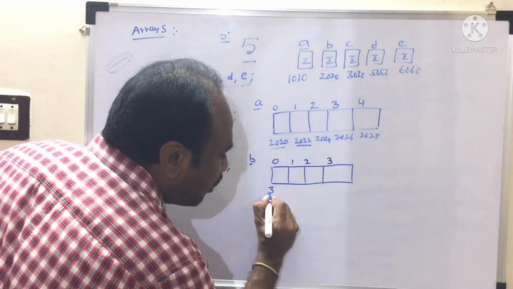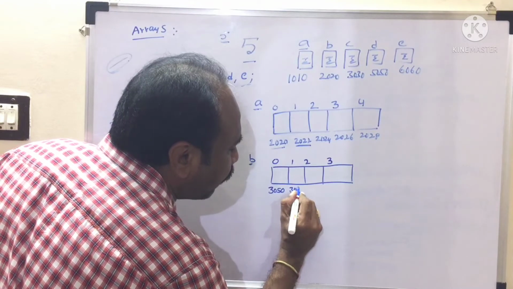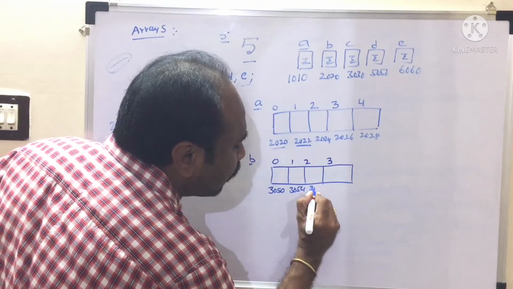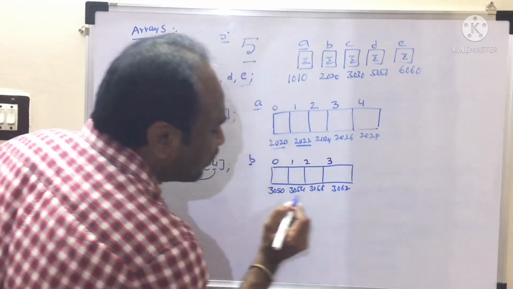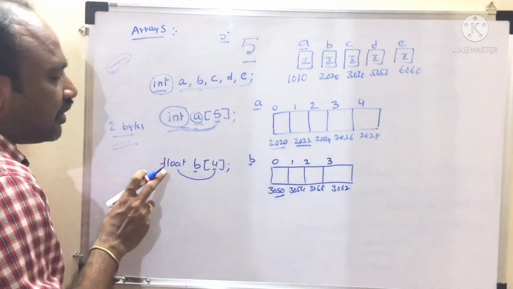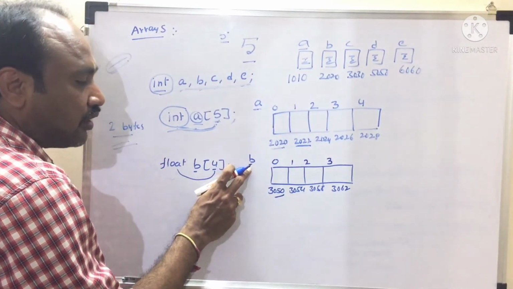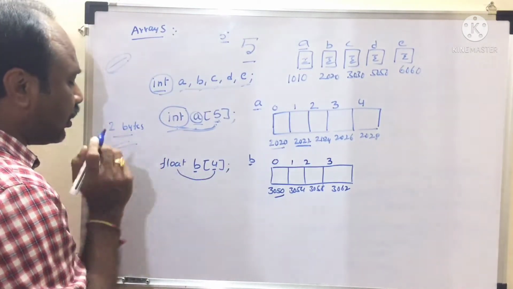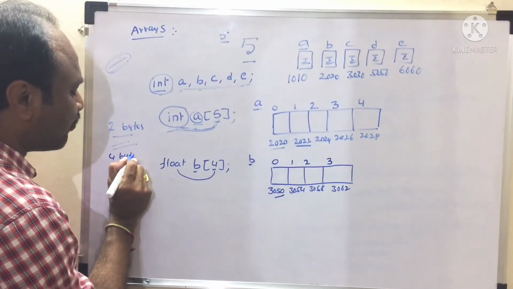Means if the first value is stored in 3050, next value 3054, next value 3058, 3062. For example, I am telling because if the first value is stored in 3050, what array have I taken? Float array. To store a single float value, we require how many bytes? 4 bytes of memory.